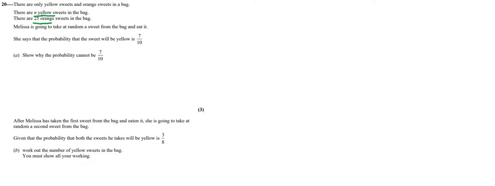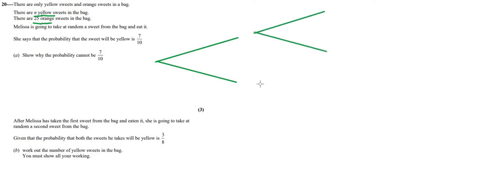Two things are happening, so it's always a sensible idea to draw a probability tree. As always, it's two branches. Draw two branches here. Now there are yellow sweets and orange sweets: yellow and orange, yellow and orange.